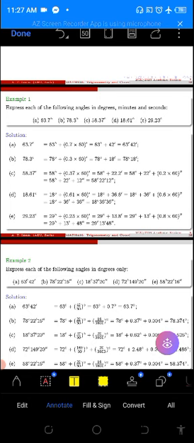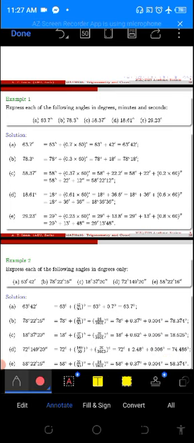Take the first example, A: 63.7 degrees. 63 degrees is the whole number, so we take the decimal part, 0.7 degrees, and convert it to minutes by multiplying by 60.